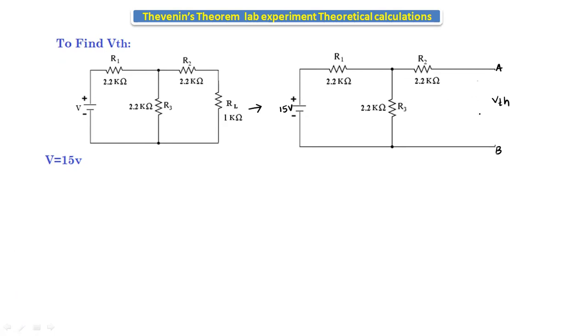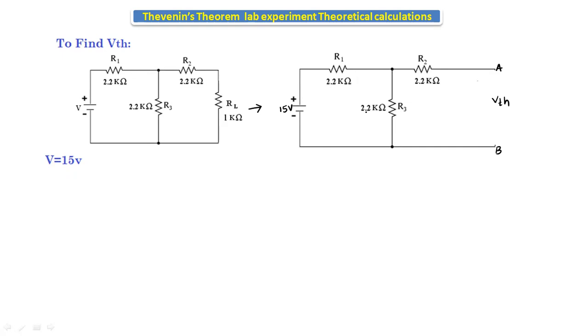The current passing through this loop is 0 as it is open circuited. So whatever voltage appears across this resistor, the same voltage appears across the AB terminals, because this resistor is invalid as it is open circuited. Now let's find the current passing through loop 1.